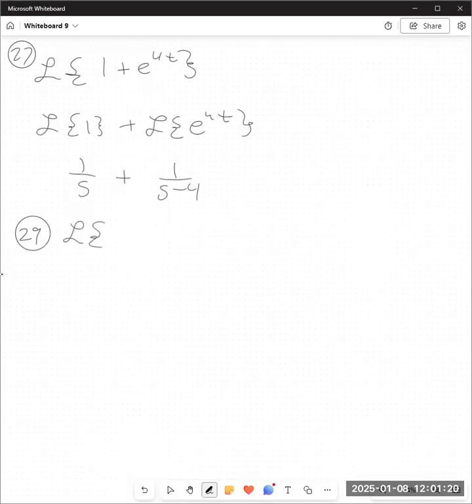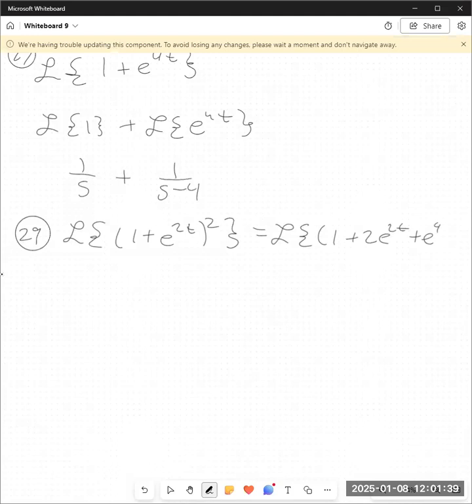The Laplace transform of 1 plus e to the 2t, squared. Again, we don't know how to do convolutions yet, so let's go ahead and expand this into 1 plus 2e to the 2t plus e to the 4t.